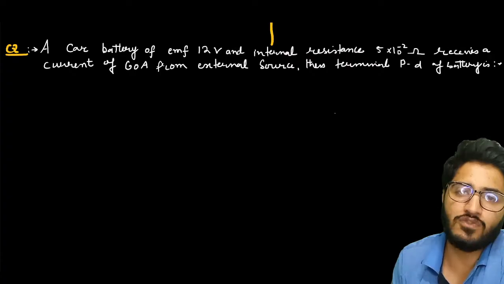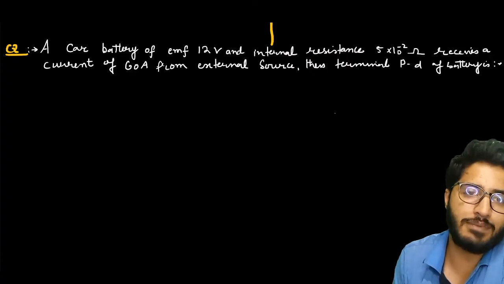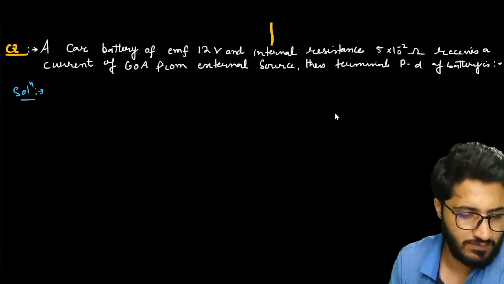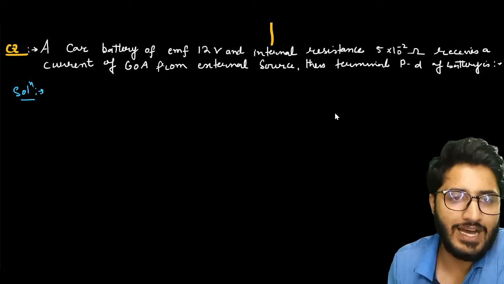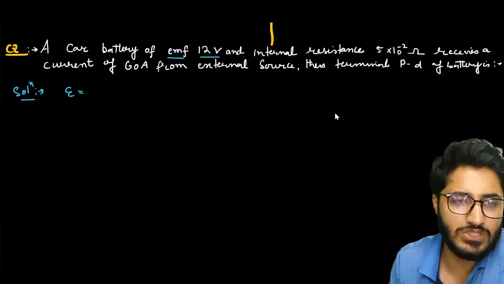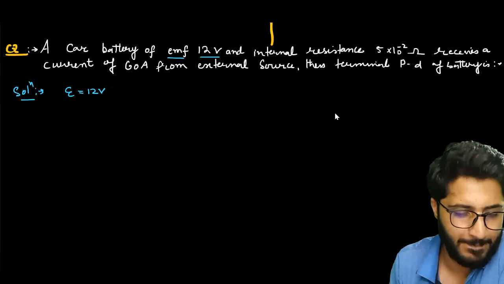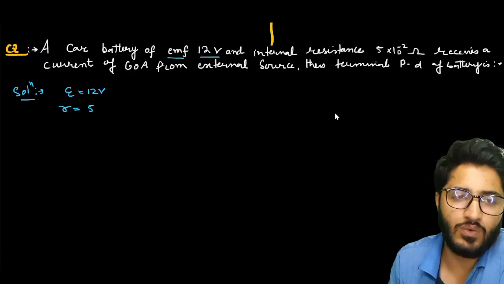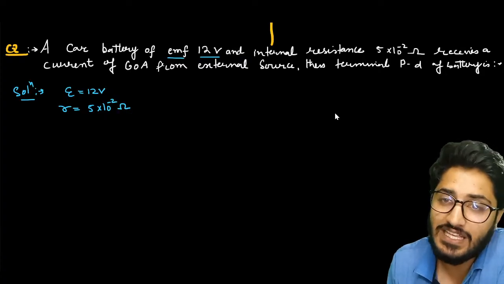So what is given to us? A car battery of EMF 12 volt. That means E is 12 volt. Internal resistance small r is 5 into 10 to power minus 2 ohm. It receives a current.